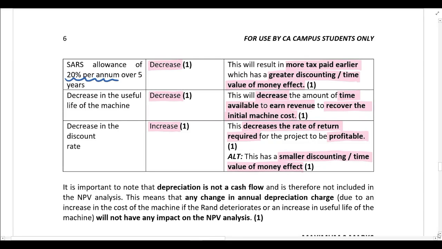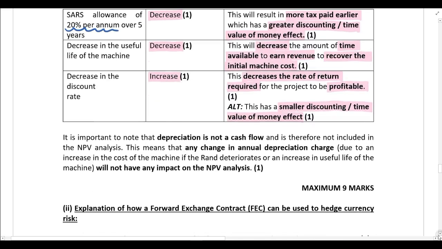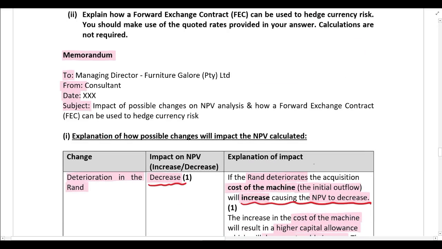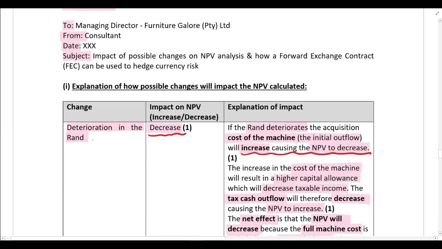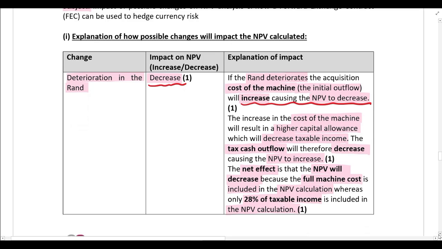All right, so that deals with the first part. There's just one more thing that you needed to discuss over here, guys, which you should have picked up. Because of the fact that the cost of the machine might change. If the rand deteriorates, obviously we said the cost of the machine would increase, and that would obviously have an effect on the depreciation charge every year.